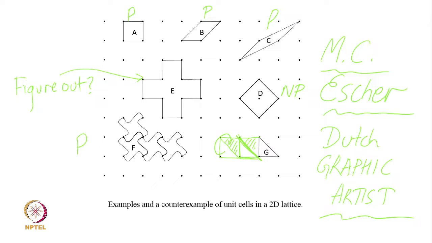Later on we will see that crystallographers do like this kind of thing also, that is, start with a smaller region and allow it to reflect or rotate to fill the space. That has a different jargon. I will share it with you, but we will look at it in detail later. That is called asymmetric unit.